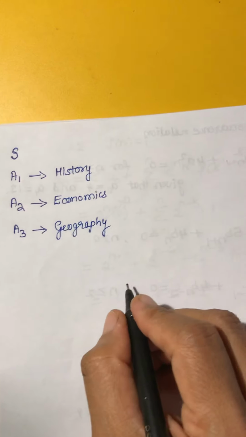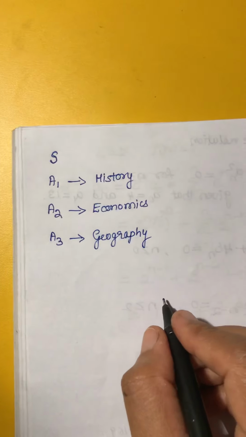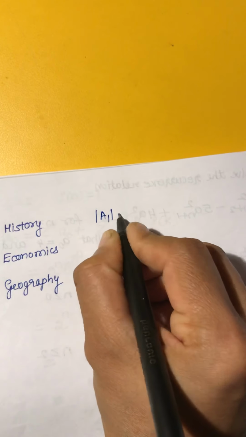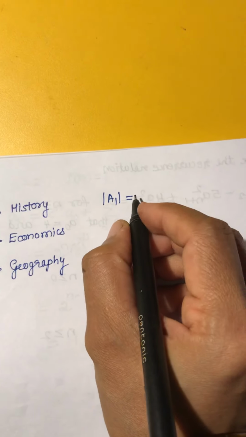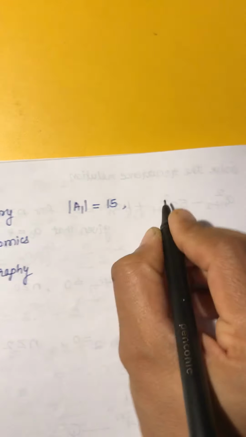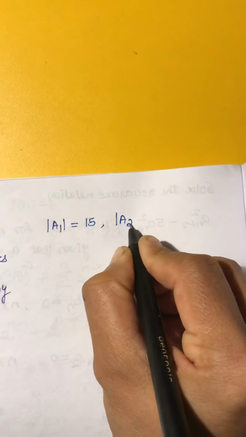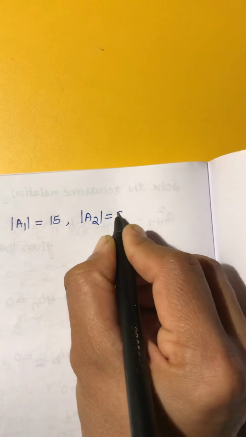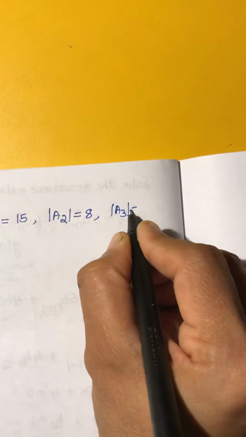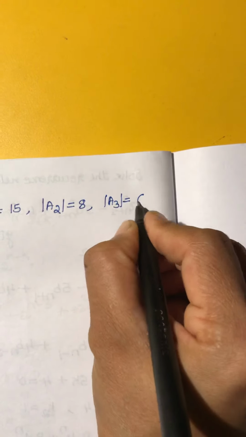So what's the data given here? The data given is mod A1, that means the number of students who study history, is 15. Number of students who study economics is 8. And the number of students who study geography is 6.